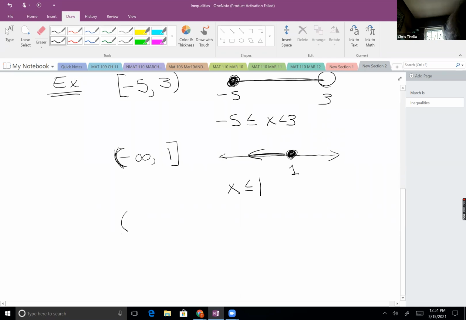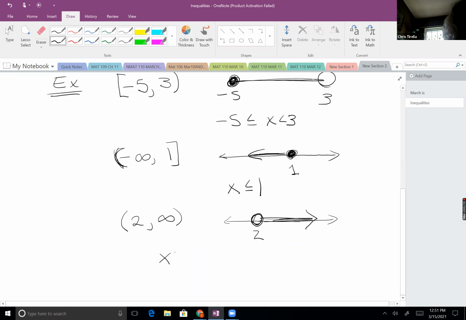Instead, if I had something like a soft parenthesis 2, comma infinity, again, it will always be soft on positive or -infinity. That means there is no largest value, so that inequality will keep on going to the right. Because there's a soft bracket, it would be like an open dot on 2.